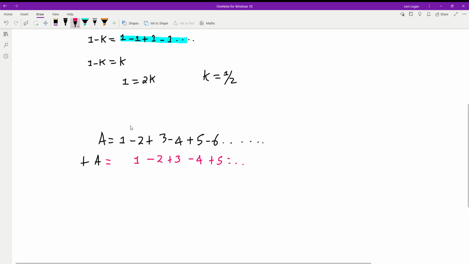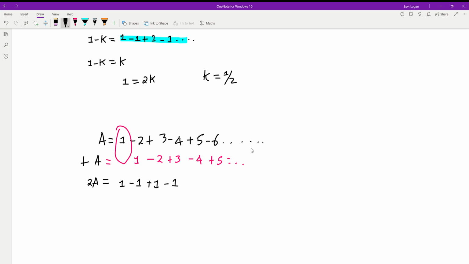So if we add this, we have 1, so 2A starts with 1. Negative 1 plus 1 is going to be negative 1. 3 plus minus 2 is 1. Negative 4 plus 3 is minus 1. If you do this for every single number, you're going to get the series K, if you check it out.